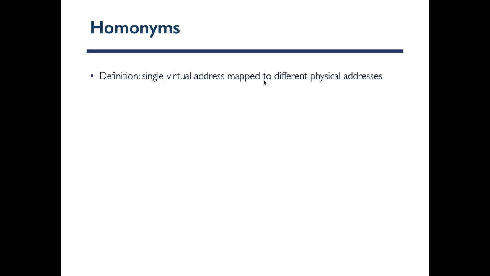So that's one example where a single virtual address is mapped to different physical addresses. Now, this cannot happen within one process. You can't have the same virtual address in your process being mapped to different physical addresses, because you have a one-to-one mapping in your page table.